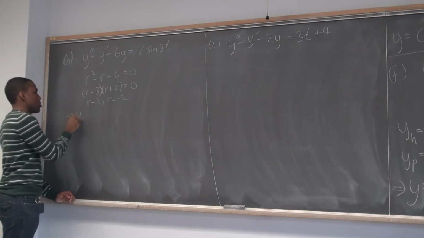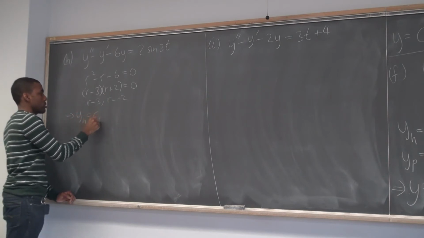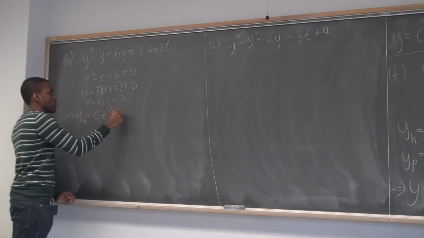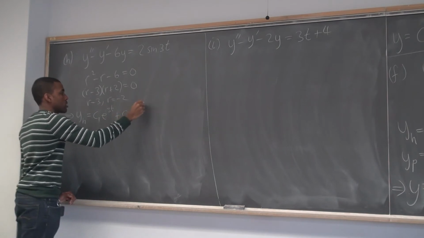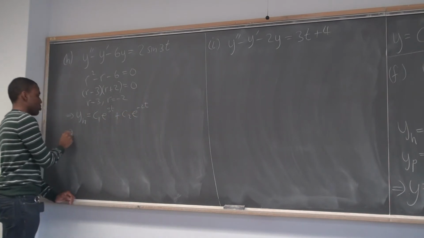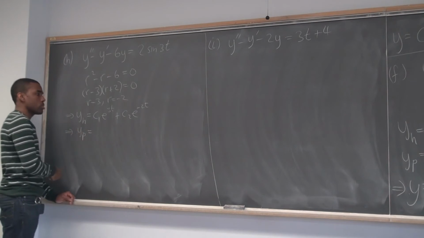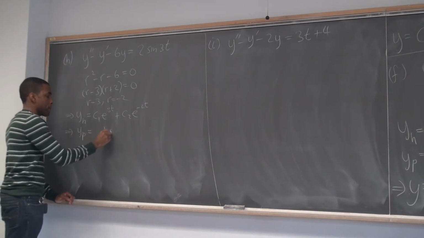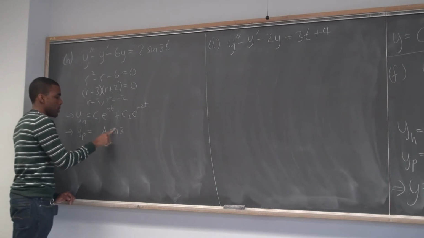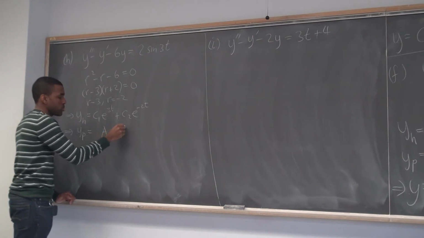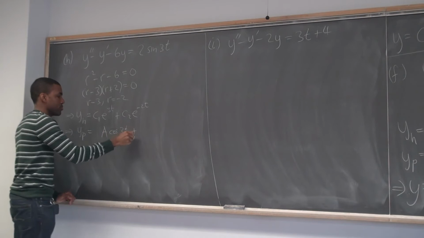This means your homogeneous solution looks like C1 e to the 3t plus C2 e to the minus 2t, which would mean your particular solution would look like what? A sine 3t. It doesn't matter which one you put first.